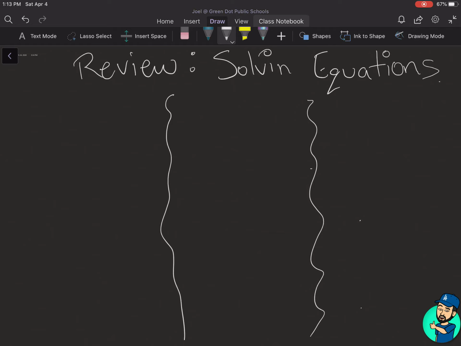Let's see. X to the second power plus, let's say, 10 equals 91. Let's try another one. X to the second power minus, let's say, 12 equals, let's see, 15.